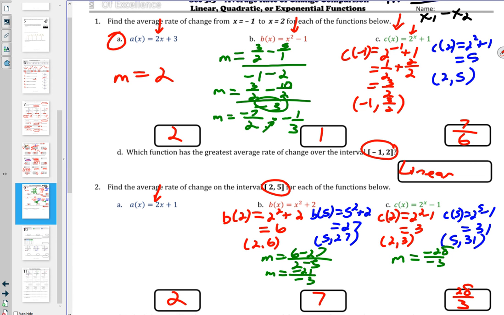How much space is there between 2 and 5? 3 units. How much space is there between -1 and 2? 3 units. So actually the amount of space didn't change, but this particular interval was very close to the asymptote.